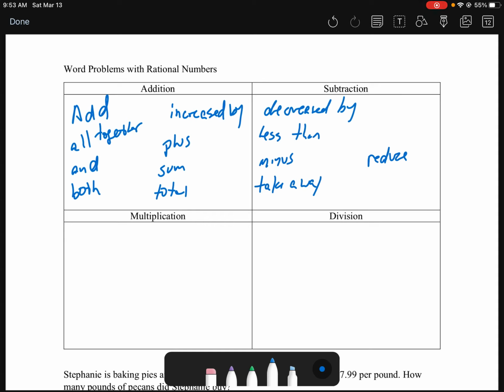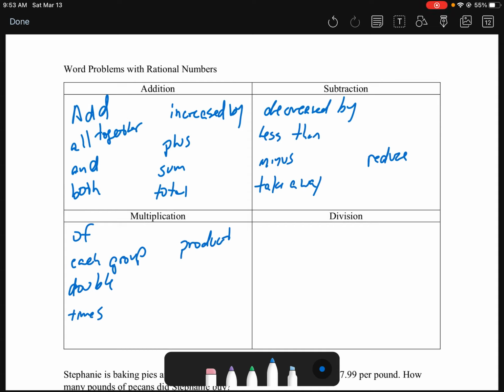Multiplication is really popular, with words like each group, double, times, or product.